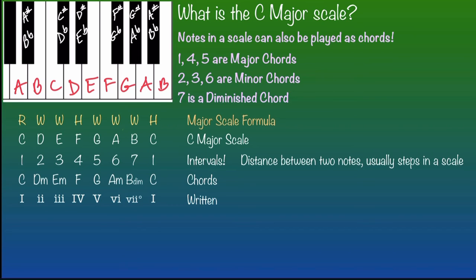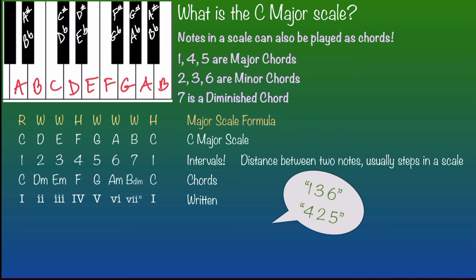People will refer to this. And this is how musicians talk to each other about what chords they're playing. They'll say, okay, the song is in C, the verse is 1, 3, 6, and the chorus is 4, 2, 5. Or somebody could write this down on paper and hand it to you.